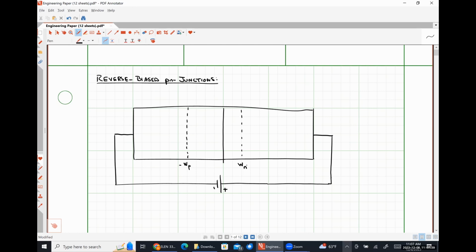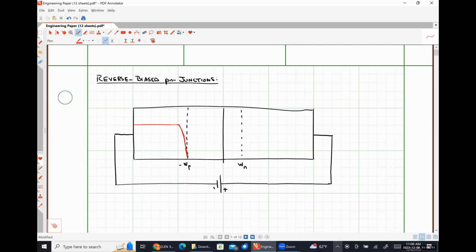Let's take a quick look at what our carrier concentrations should look like. So starting with holes on the P side of the crystal, we should have something like this. So it's going to be at some constant level until we get into the region of the junction, and then it's going to fall off very, very steeply.